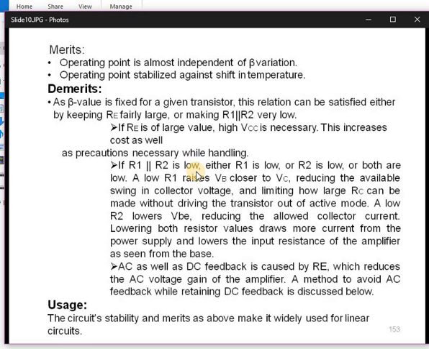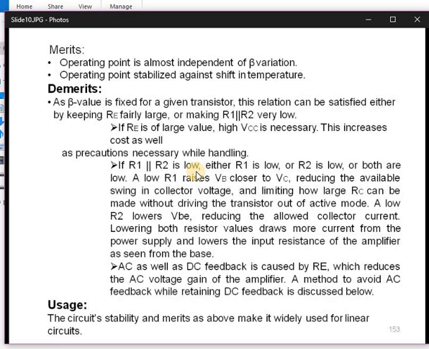Otherwise, if you decrease the value of R1 in parallel with R2, the parallel circuit value decreases. That means we can decrease R1, or we can reduce R2, or we can reduce both resistance values.